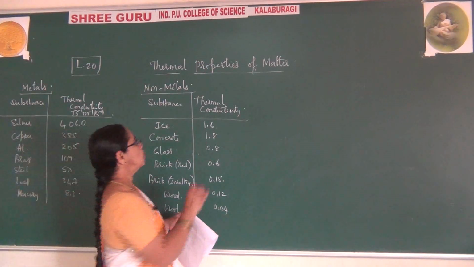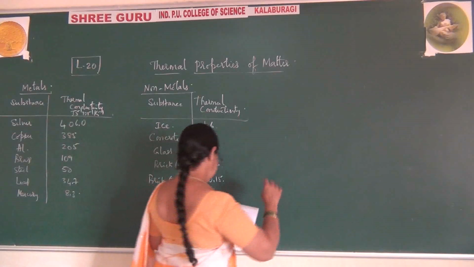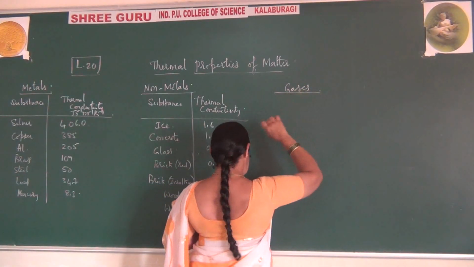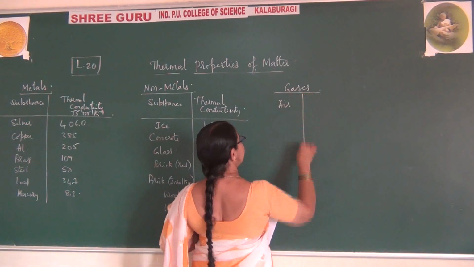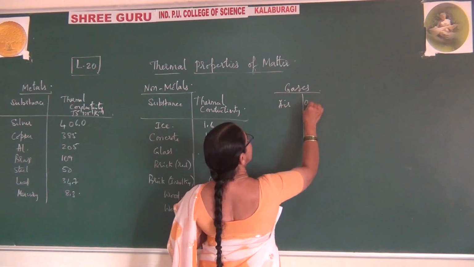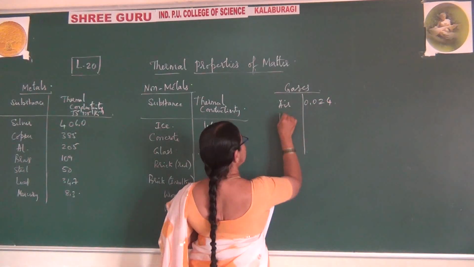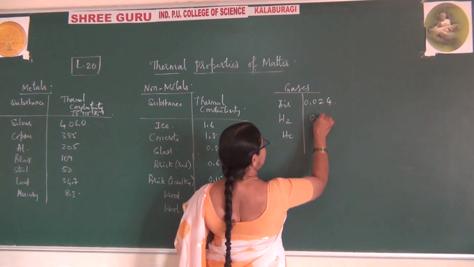Okay. Now one more I want to write here, which is gases. In that, the first is air. Here we get the value 0.024. Hydrogen and helium both have the same value.